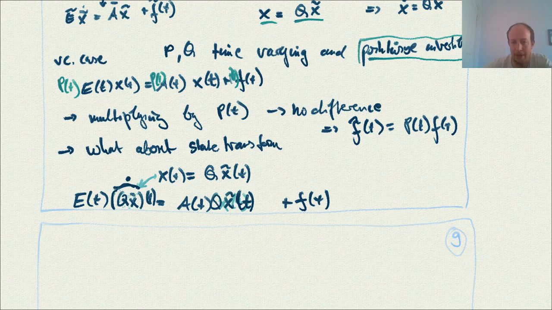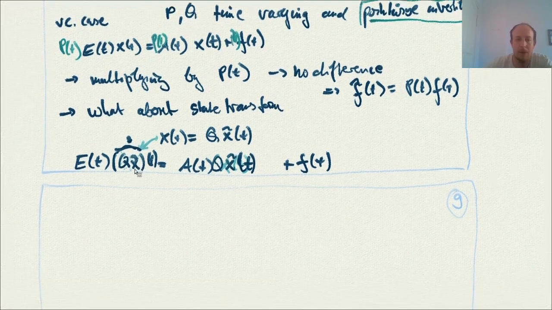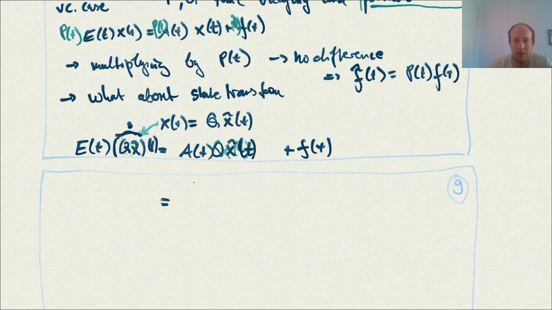Okay, this is replacing x of t by Q x tilde. And in the same way we have to replace x dot of t by Q x tilde dot. That's what is here.